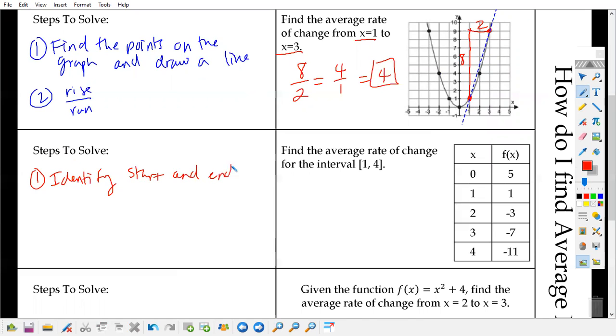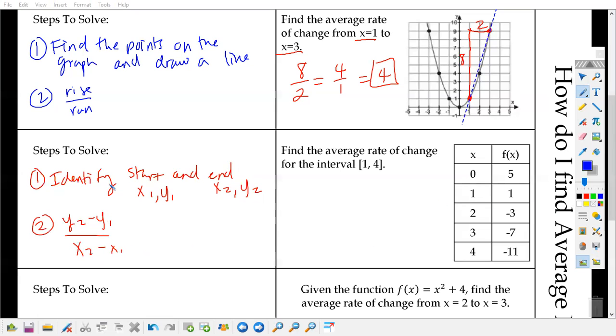The start is going to be our x1 and the end is going to be our x2. And then therefore it'll give us our y1 and our y2. Then guess what step 2 is? Find it by plugging into y2 minus y1 over x2 minus x1.